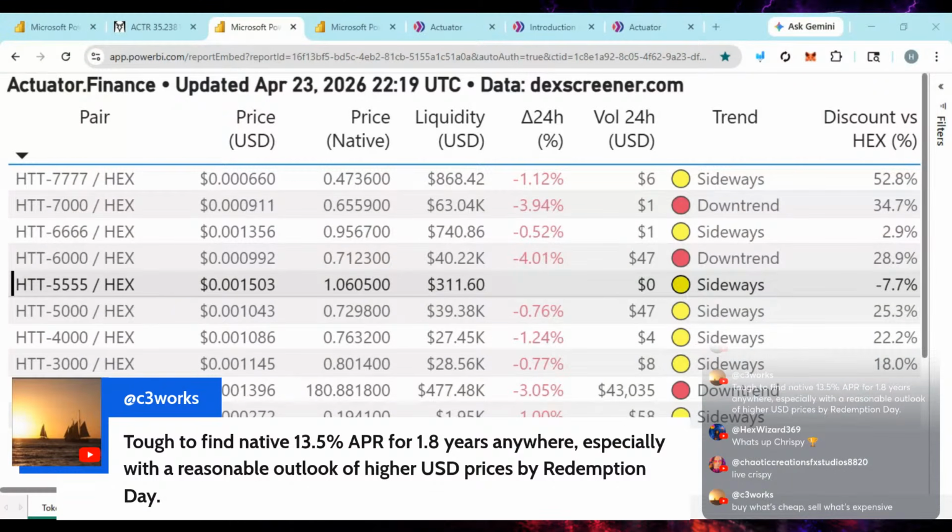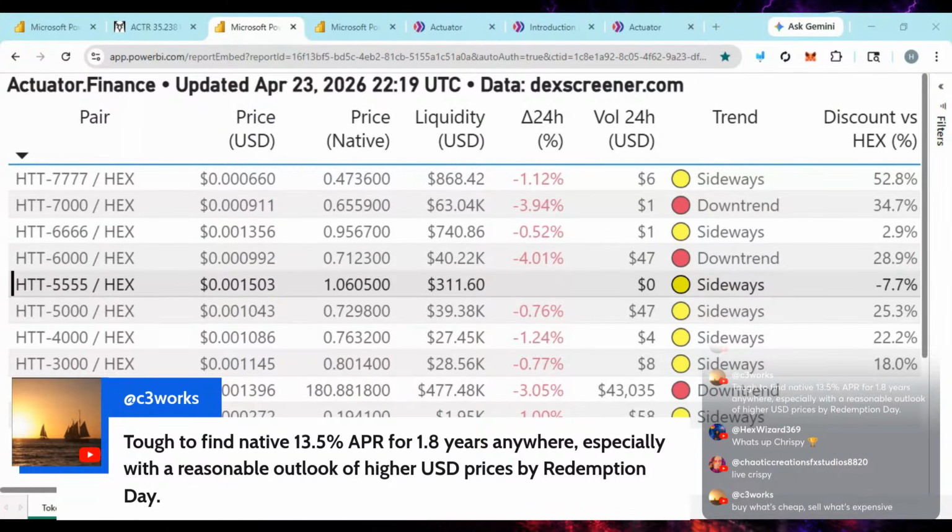Hello, C3 Works. Mentioning, hey, it's tough to find native 13.5% APR for 1.8 years anywhere. That's true. I mean, 13% is pretty good, and it's not quite 10x, but it's multiples of what staking natively would do for you right at the moment.